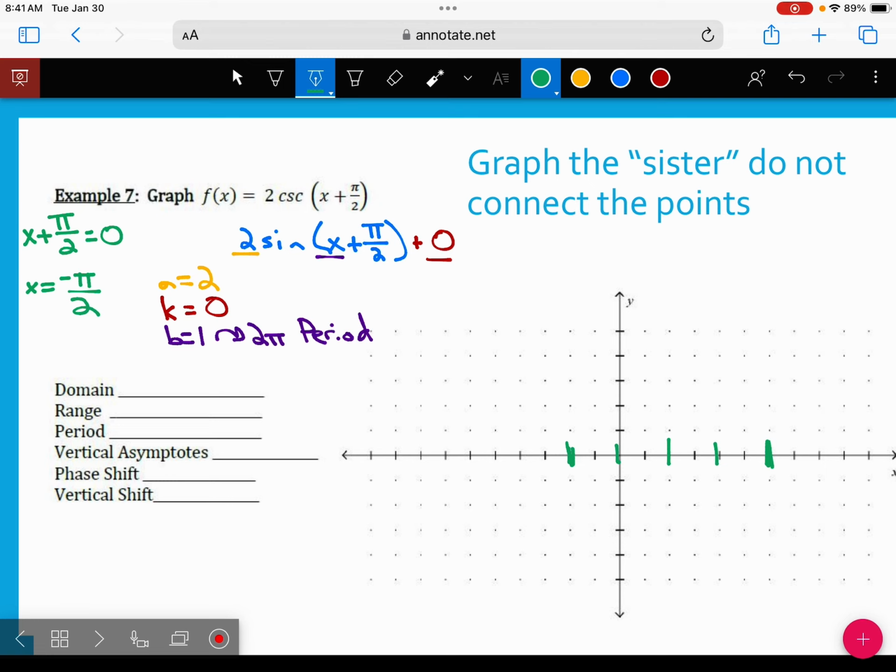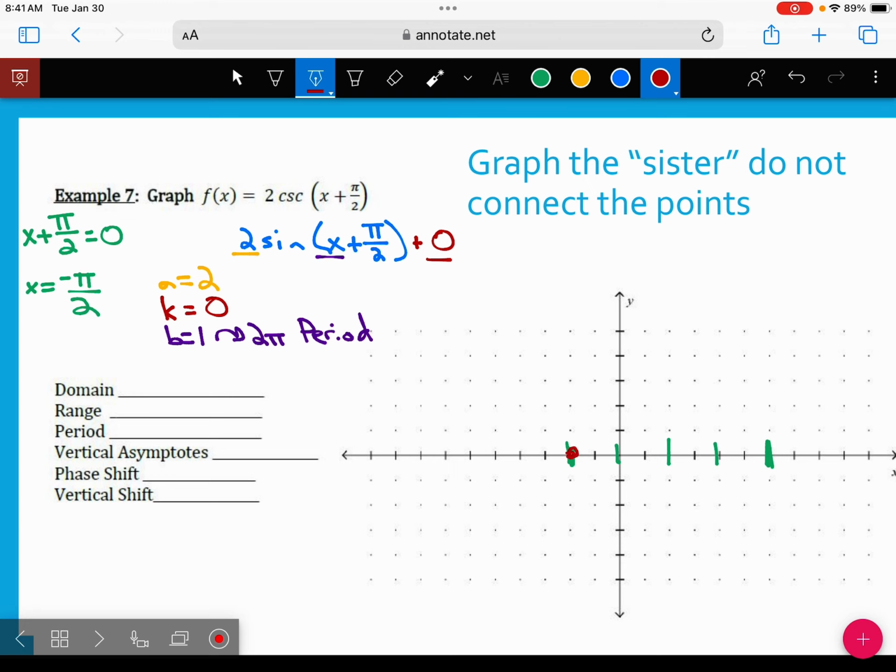Remember, if you look back here on the board, it's a cosecant graph. So we're looking at the sine pattern, because sine is the sister to cosecant. It's going to go K, K plus A, K, K minus A, and K for those 5 points.